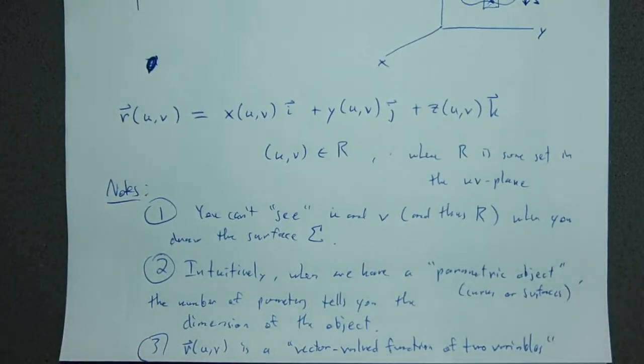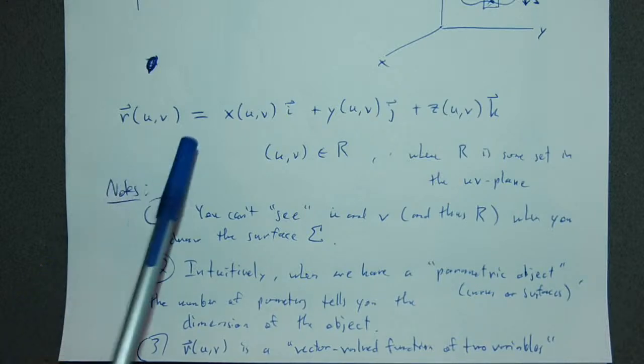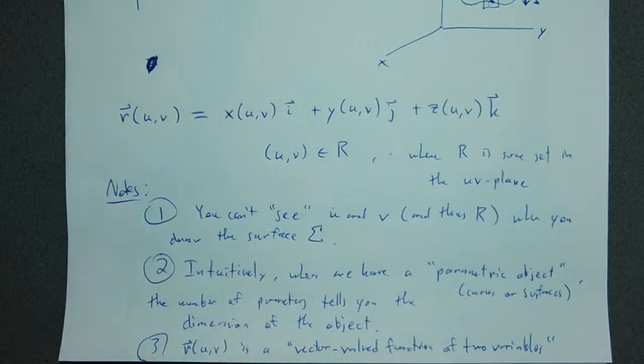So this is something that we haven't really talked about. All of the vector valued functions we did in chapter 12 were defined to be functions of one variable, t. Here, we have a vector valued function of more than one variable.